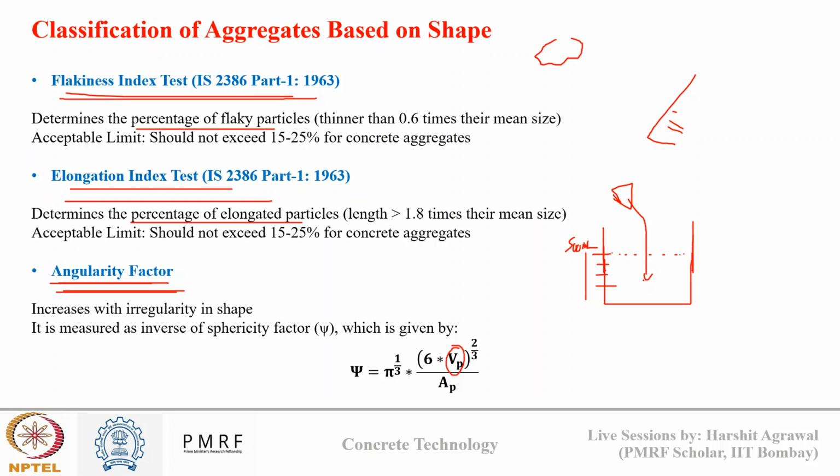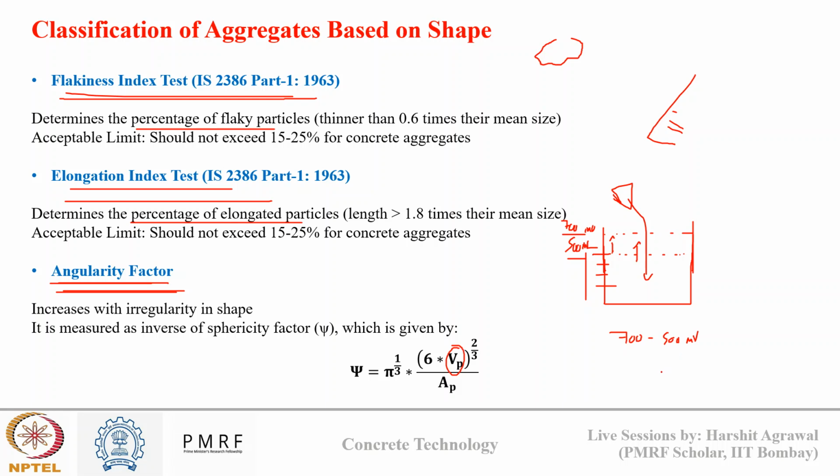After addition of angular aggregates, what will happen? The volume in the container will increase. It may go from 500 ml to 700 ml. So what is the volume of aggregate in this system? It is 700 minus 500, because this is the increase in volume that happened due to aggregate addition.